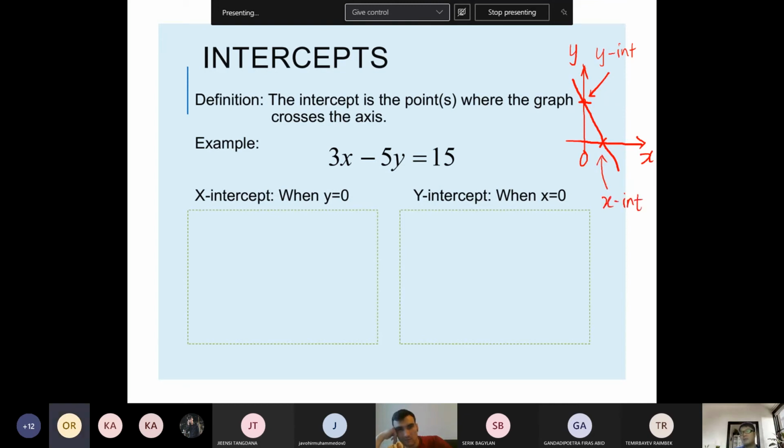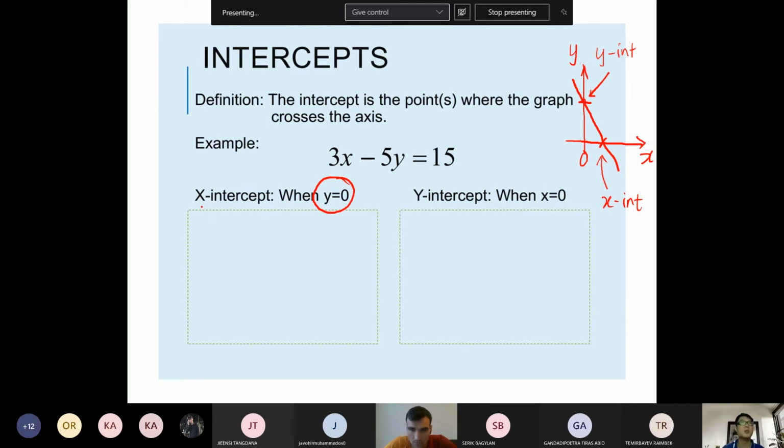x-intercept, x-axis. Okay. Now from the graph here, we know that on the x-axis, what is the value of y at this point? 0. Good. So the y is 0 at the x-intercept.